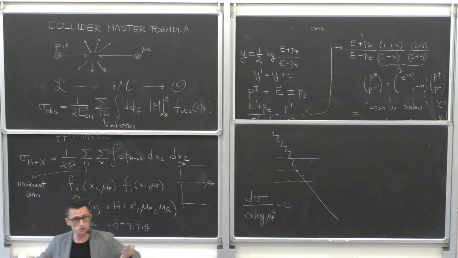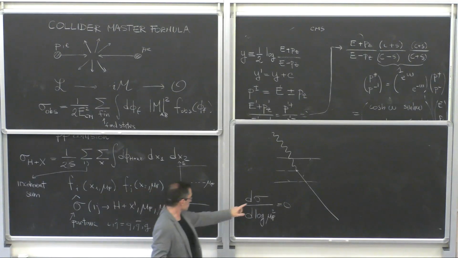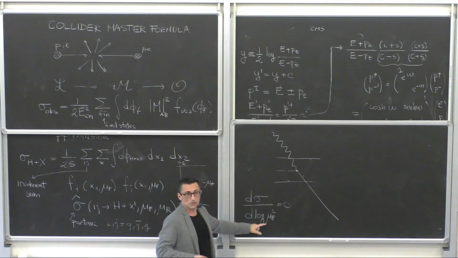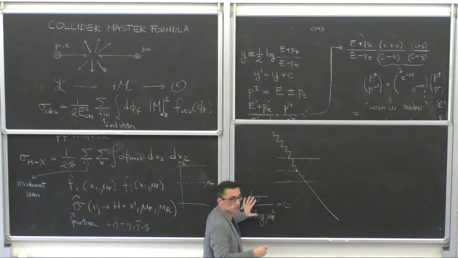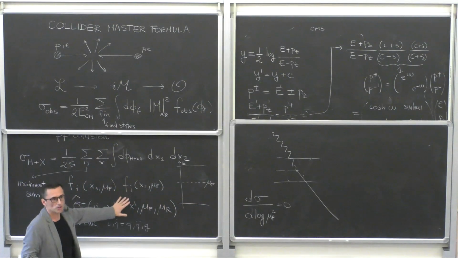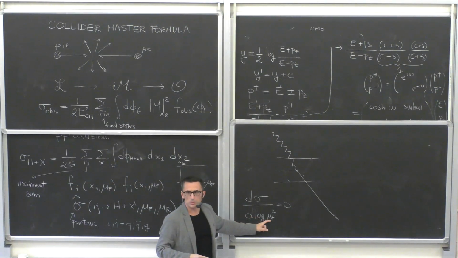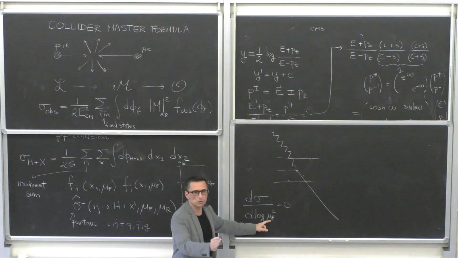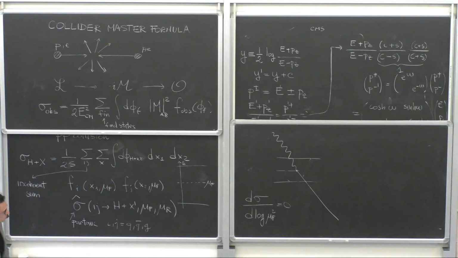Remember, when you do a factorization theorem, you introduce a scale which is arbitrary, you can change that, and the fact that your observable does not depend on that scale gives you the renormalization group equation corresponding to this observable. These objects have to be correlated in such a way that the mu_F dependence cancels among them, order by order in perturbation theory. Okay, so I'm summarizing something which we might discuss even further later.